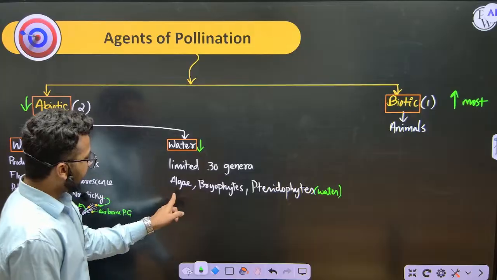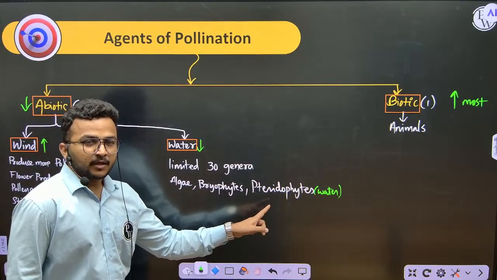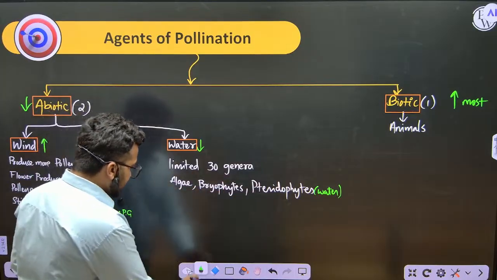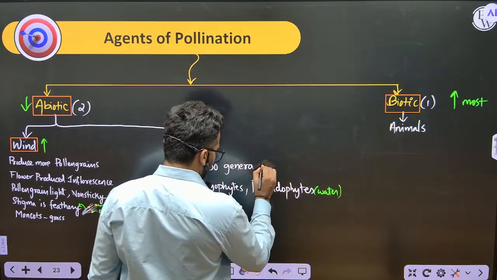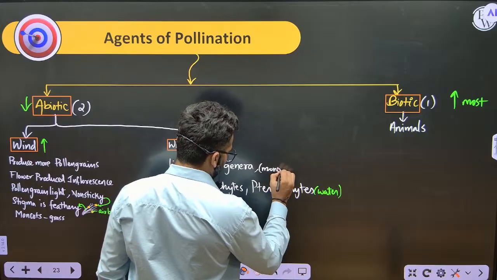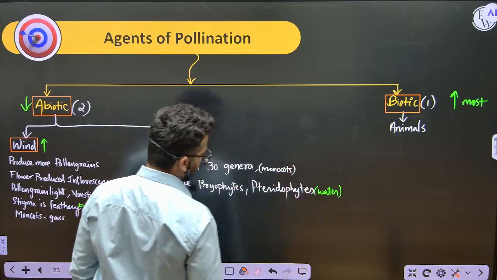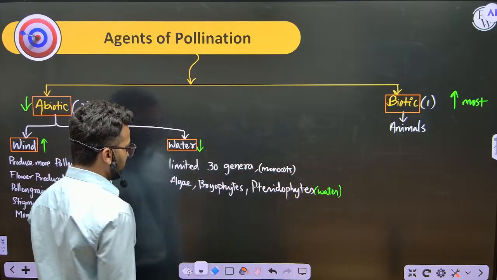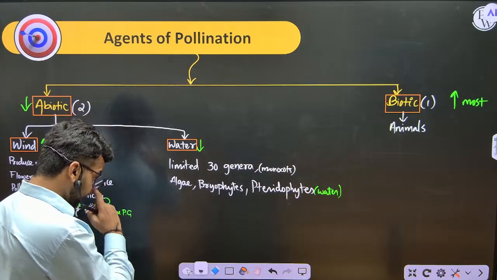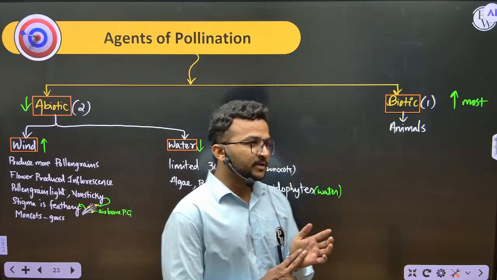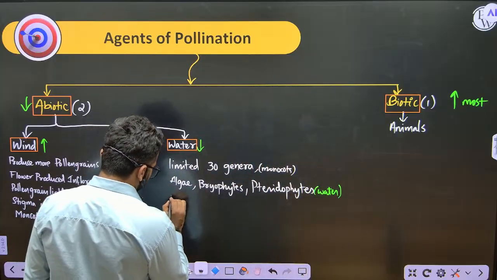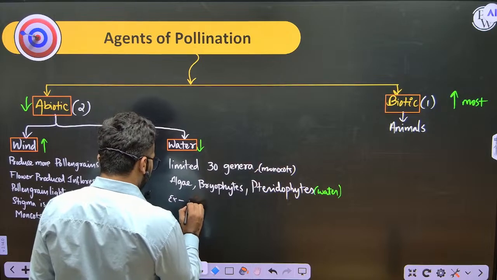In case of water pollinated plants, limited to 30 genera, most of those 30 genera are monocots. Examples of water pollinated plants are Vallisneria and Zostera.